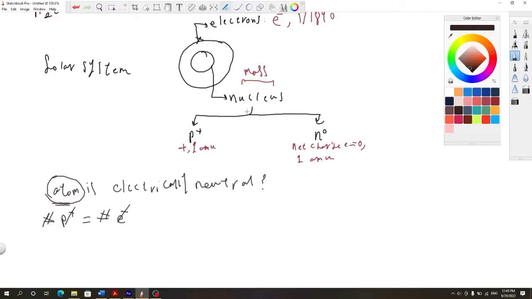The nucleus is positively charged. Why? Because it contains the protons, which carry a positive charge, while the neutrons have a net charge of 0, so we don't count that. So the nucleus is positively charged, the electrons are negatively charged, the whole atom is electrically neutral.